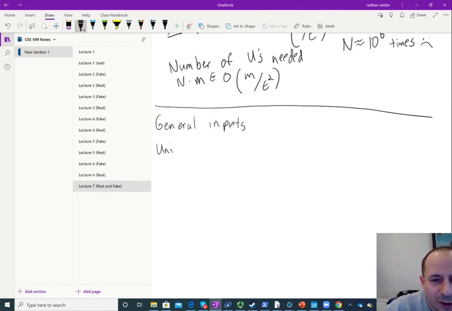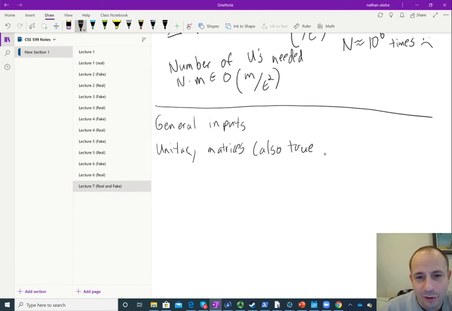So unitary matrices, it turns out, and this is also true for Hermitian. In fact, the proof for unitary matrices, I believe, follows from Stone's theorem, it's called, which relates unitary matrices to exponentials of Hermitian matrices.